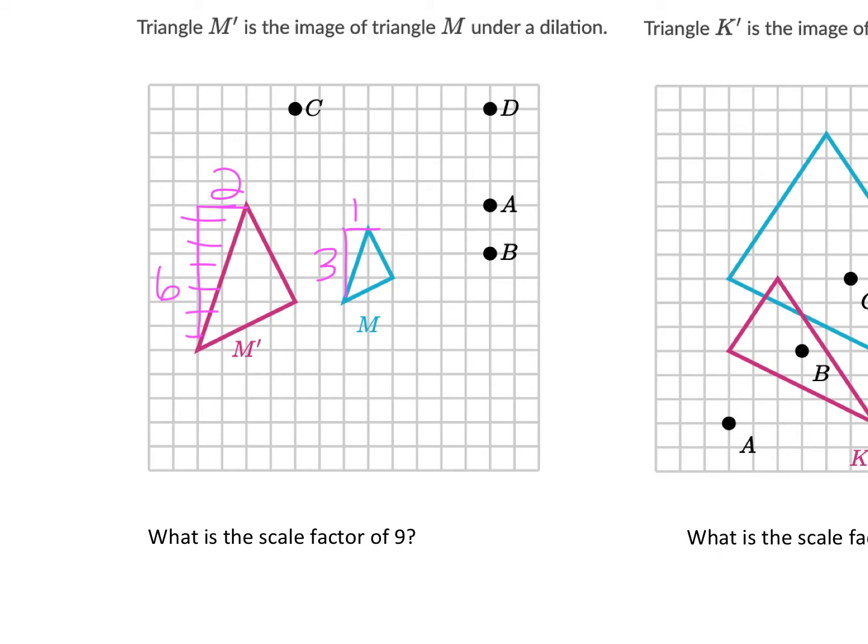C and D, it didn't really, they're both still the same distance away from C and D. So C and D are automatically going to be out of the running, because if C or D were the center and you did a dilation that pushed the image farther away, it would be down here somewhere because it would be farther away from the center. I drew that terribly, but hopefully you get the idea. So we know that C or D are not going to be my two options for a center point.